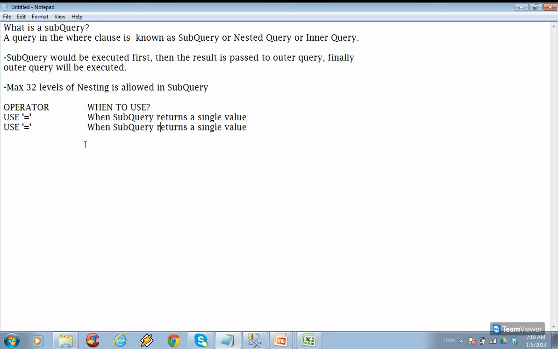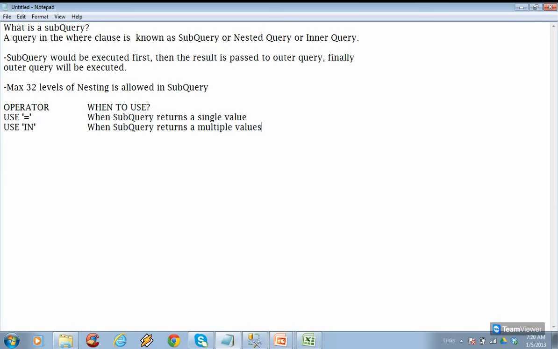Afterwards, use the in operator when the subquery returns multiple values. Okay, that's what you have to understand.